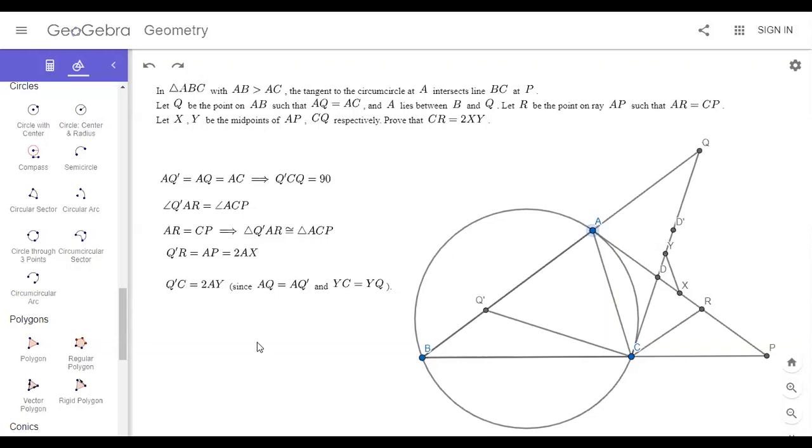Yeah, I think it's an angle chase if I show the parallelism, but without the parallelism, I'm not sure.